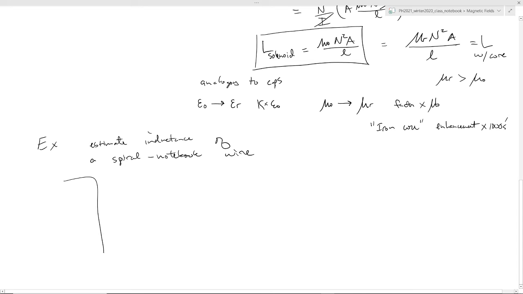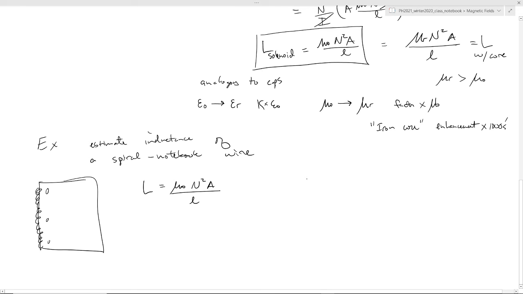Imagine you have a notebook and along the edge of it, it's got that coil of wire, right? So we know that this would have an air core. So it would be mu naught n squared area over the length.